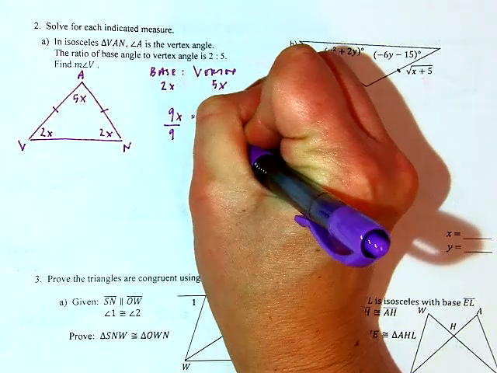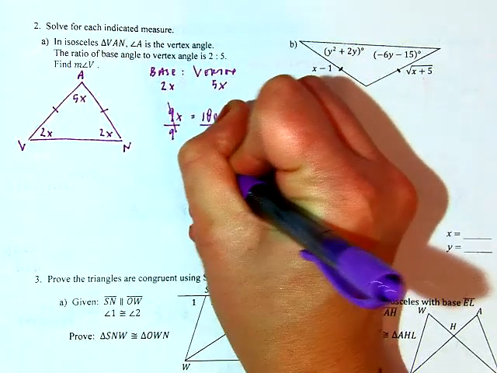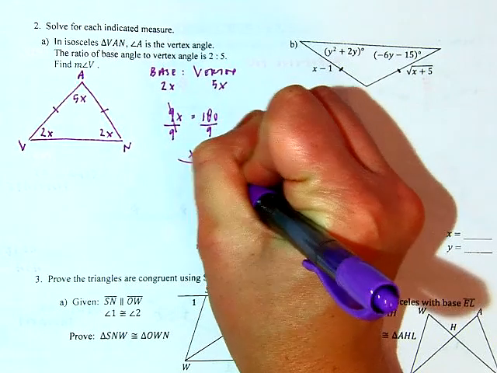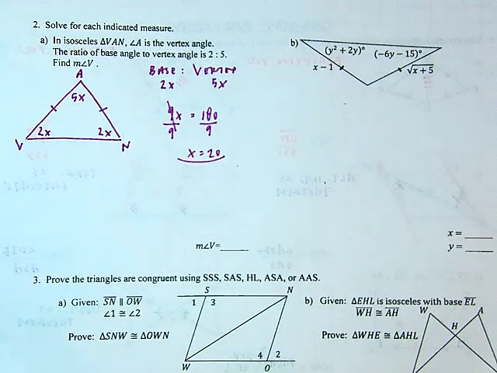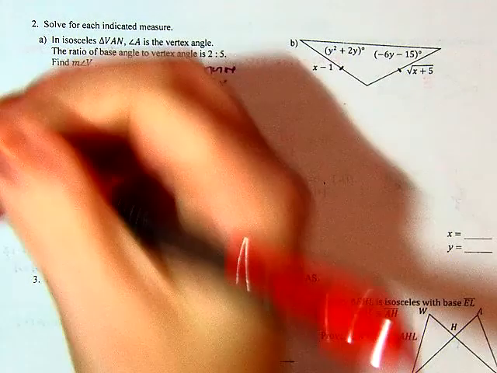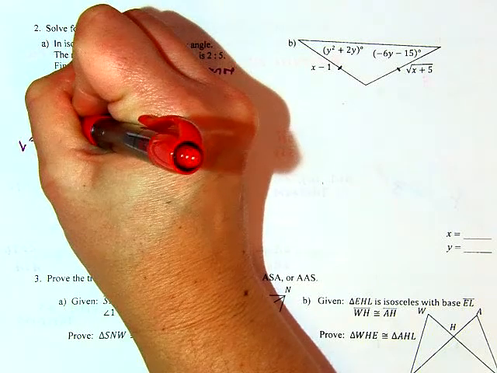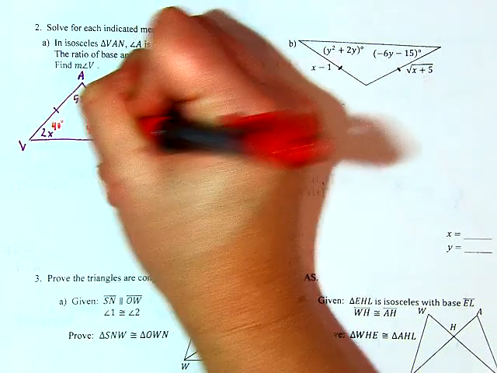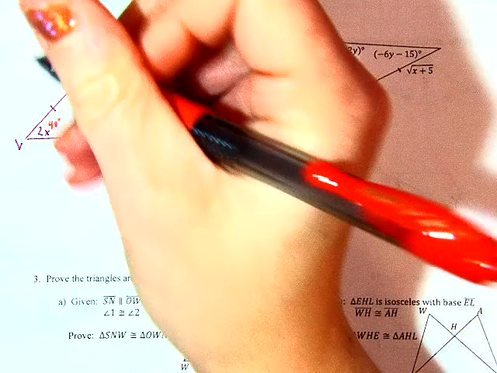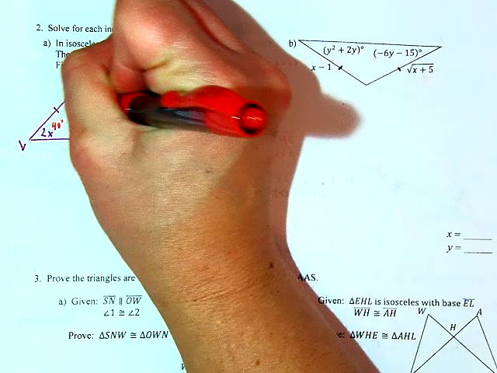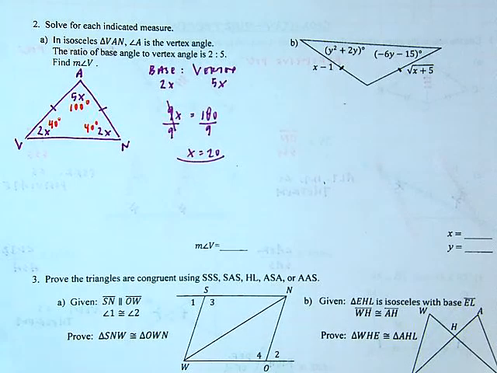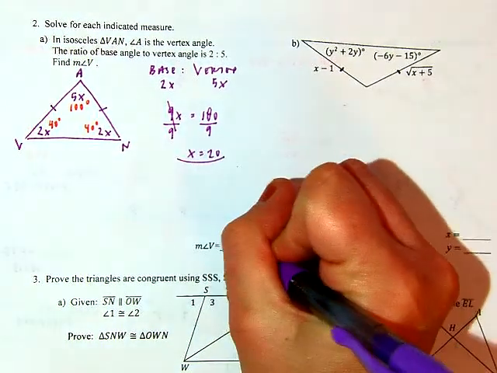Divide each side by 9, and x is 20. Plug back in that 20. So here I would get 40 and 40, and 5 times 20 would be 100. So the measure of V would be 40 degrees.